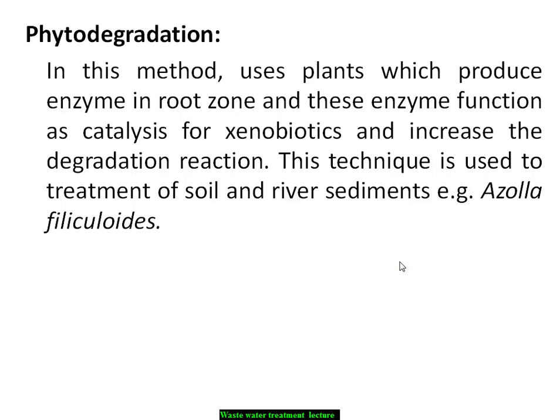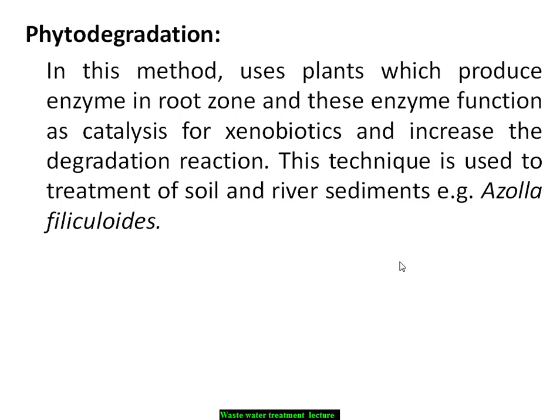The second technique is phytodegradation. In this method we use some plants, and these plants produce some enzymes in the root zone, and these enzymes function as a catalyst for the xenobiotic and increase the degradation reaction. So ultimately, in phytodegradation practices, some plants have a good quality to reduce the impurities from the water bodies, and their roots provide enzymes that function just like a catalyst.